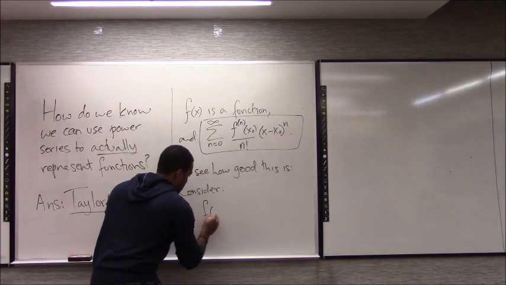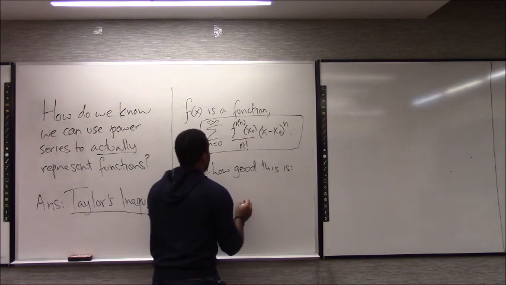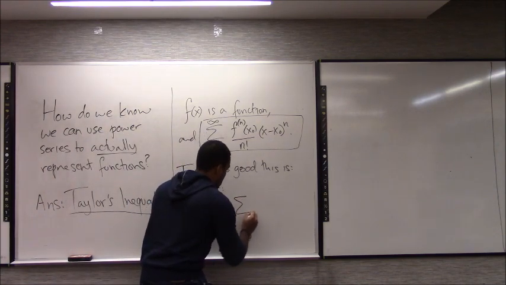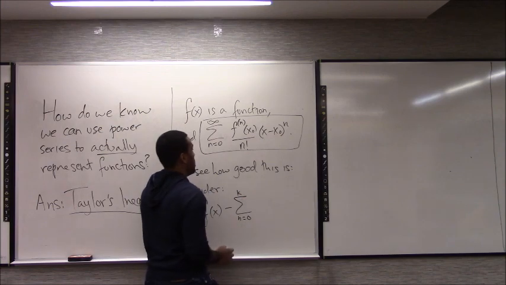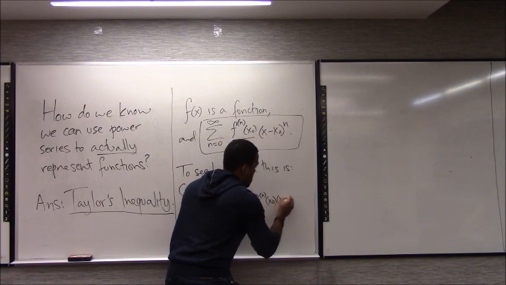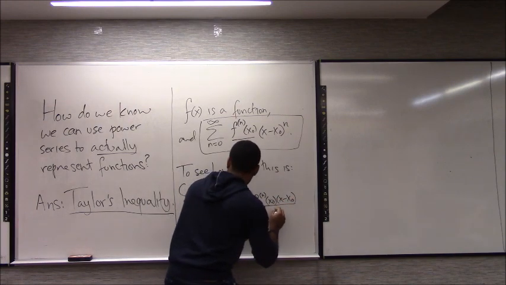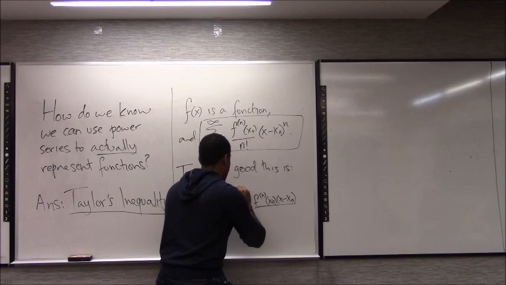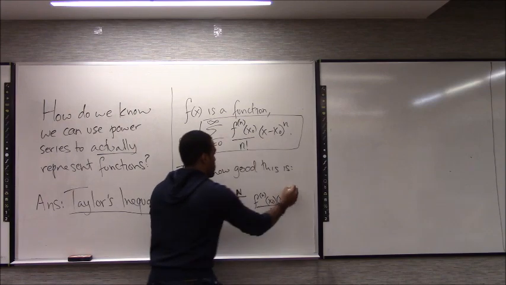So let's look at f of x and subtract the nth partial sum of its Taylor series.